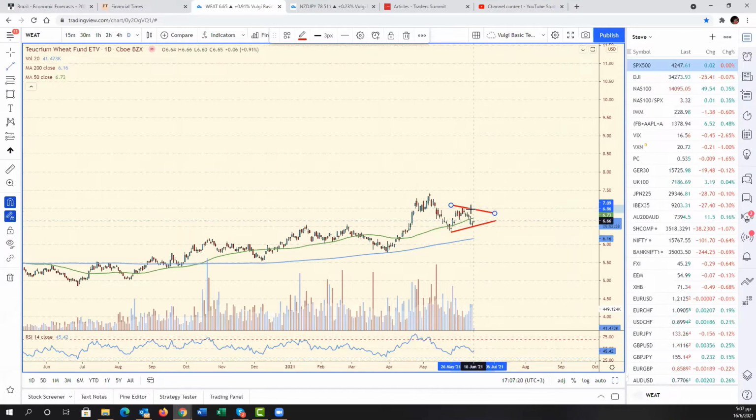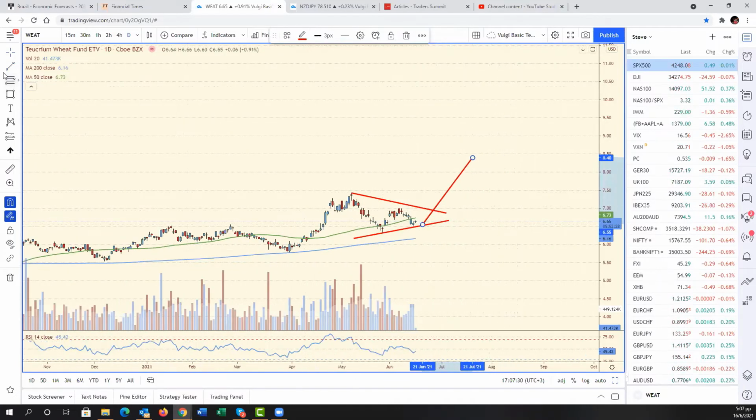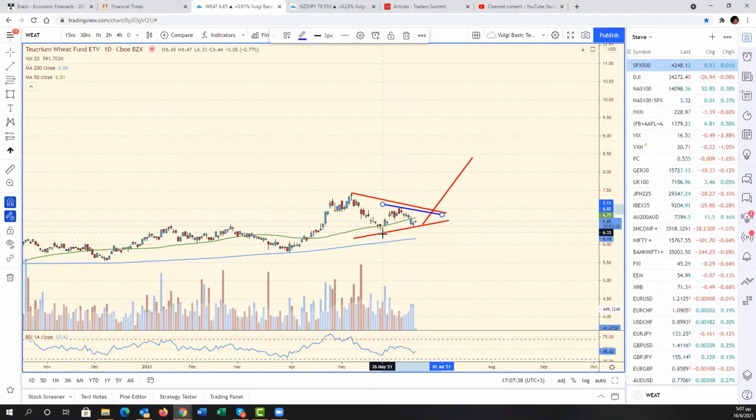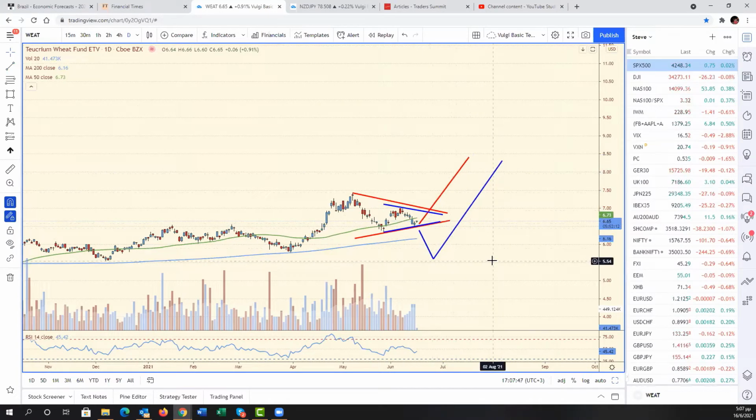The big question I have here is, is this one bullish consolidation, or is this one a bearish consolidation that says we need one more leg lower before higher? So, these are the two scenarios I see here.